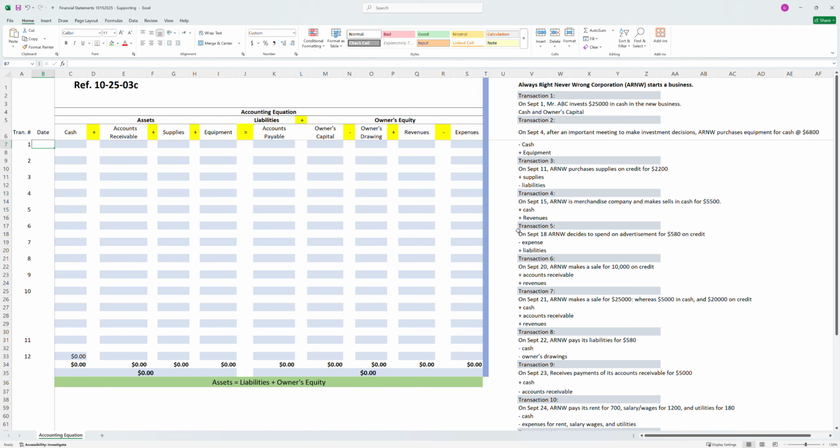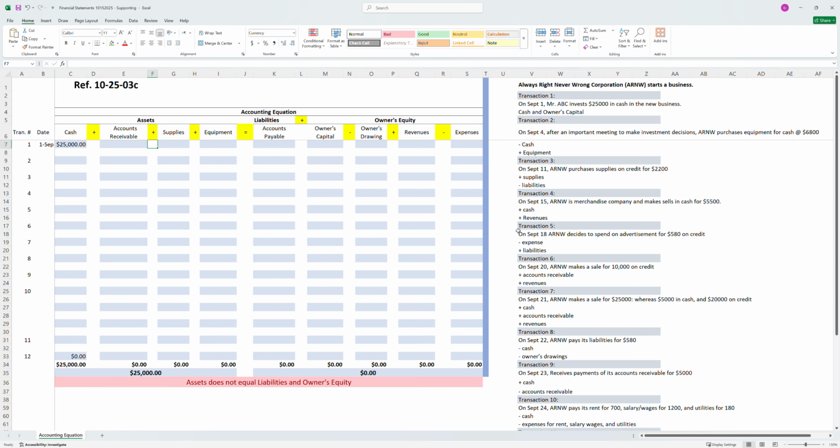Again, the name of this company is Always Right, Never Wrong Corporation, and the acronym is AR&W. It starts a business, and on September 1st, Mr. ABC invests $25,000 in cash. So where are we putting this money in the accounting equation? Of course it's in cash here.